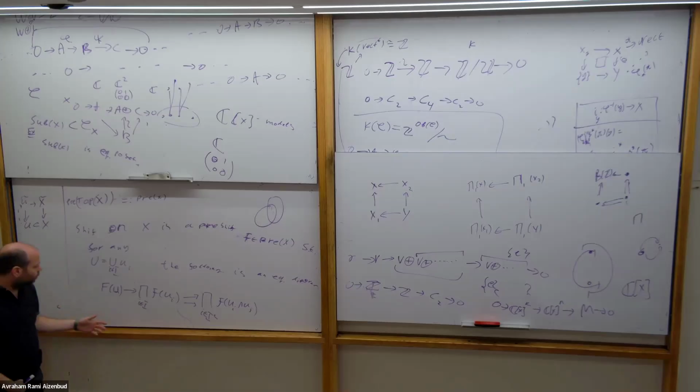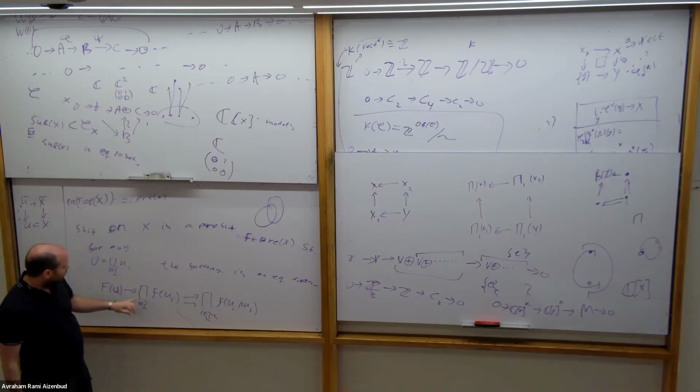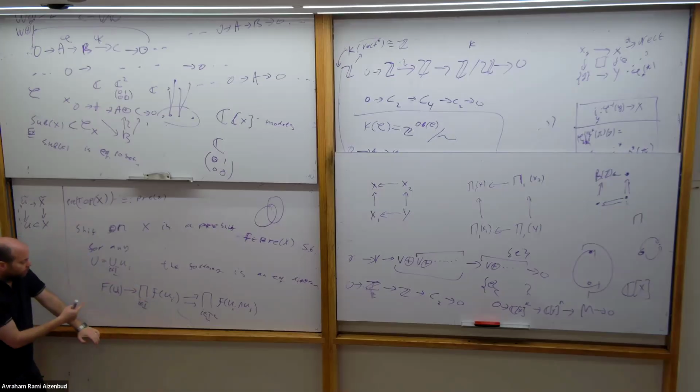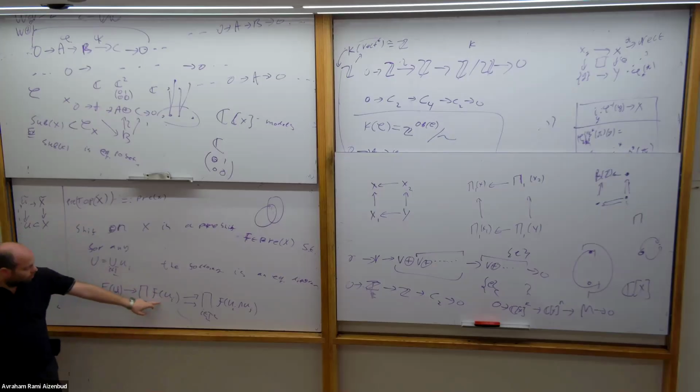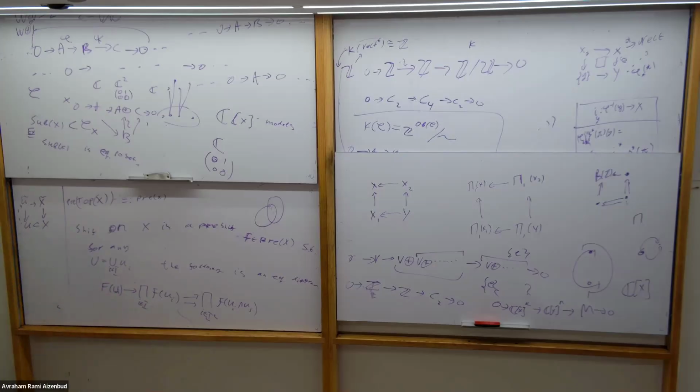Now this is sheaves of sets, so we know what an equalizer is. We don't need to use the theoretical notion of equalizer. So it means two things. First of all, any element here is uniquely determined by its restrictions to Ui. I call it restrictions, but it is just the application of our function.